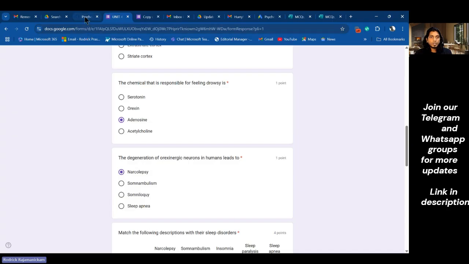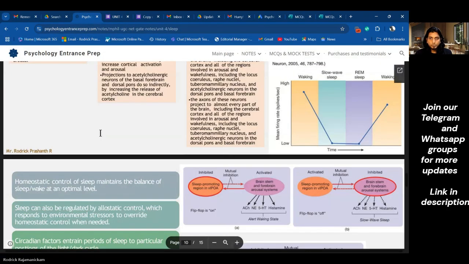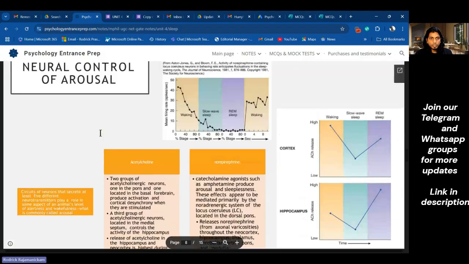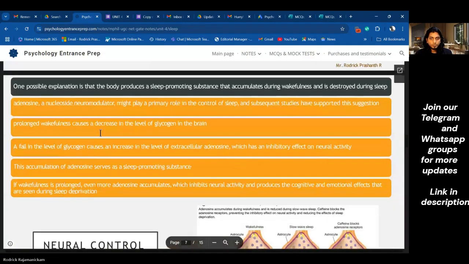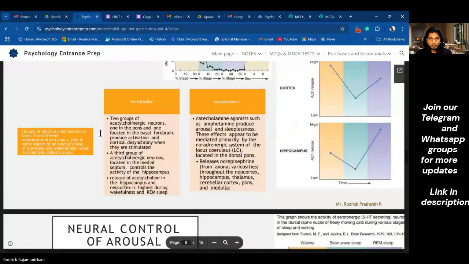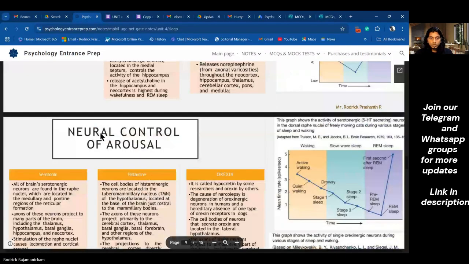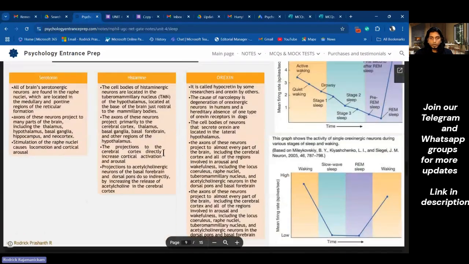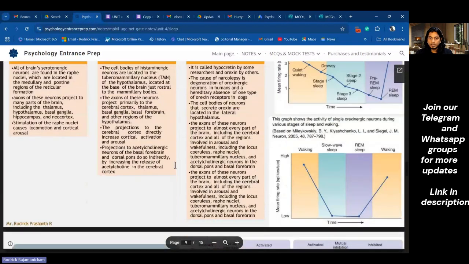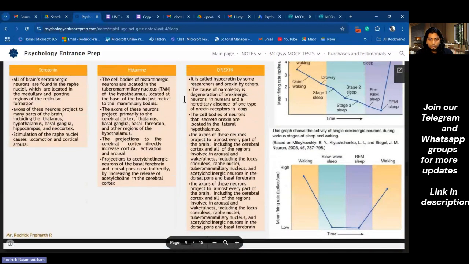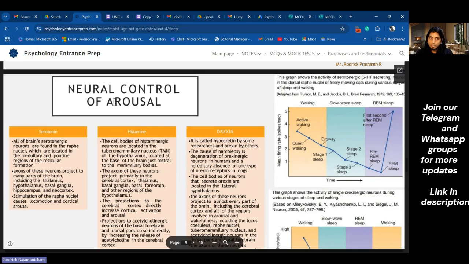Okay. If you want to look at it, where do we have orexinergic neurons? Orexin is a particular, we wouldn't say neurotransmitter, it's like a chemical, which influences falling asleep or maintenance of arousal.